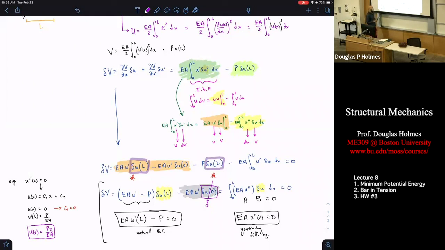This might not look familiar, but let's do the one last step, which is to say, what's the deflection at the end of the beam? Well, the deflection at the end of the beam, we just have to put in x is equal to L.